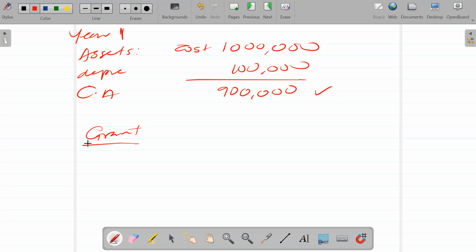For the grant, the opening balance is 1 million. Then we amortize, instead of depreciation we call it amortize. It will also be 100,000.